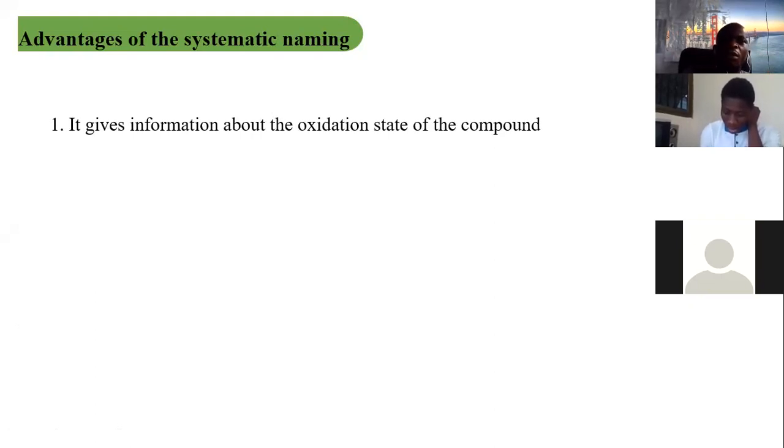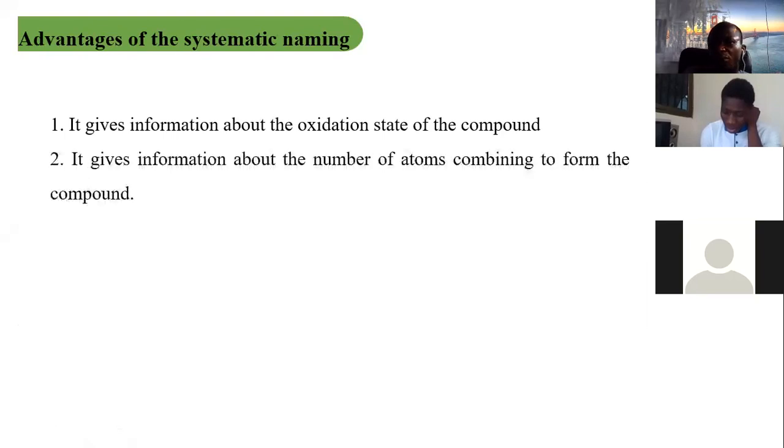But aside from that, the systematic naming of compounds gives information about the oxidation state of the compound. In fact, if you add the oxidation state of all the elements within a compound, then you will get the oxidation number of the compound, which invariably is the same as the charge of the compound.